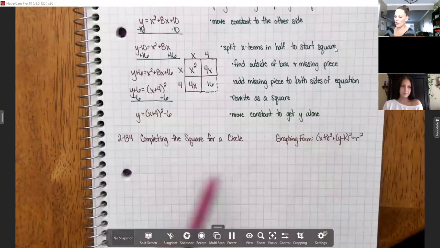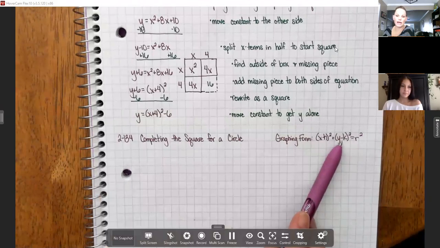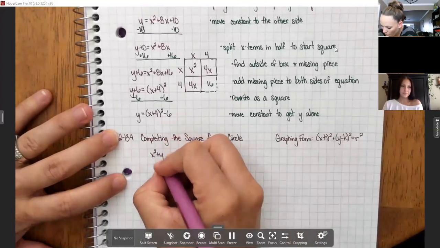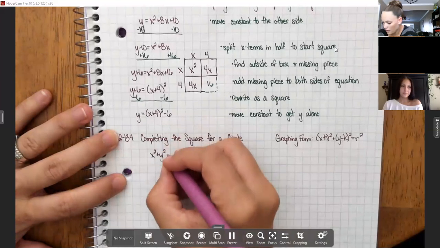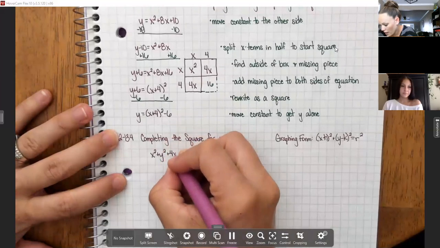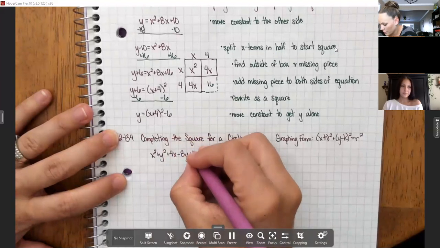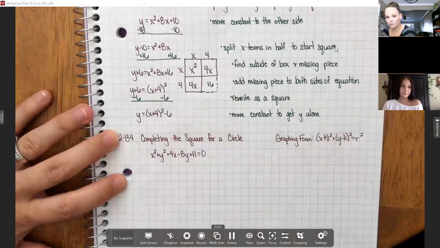So that's going to be our goal on this problem, is to get it to look like this. So the original equation we have here is x squared plus y squared plus 4x minus 8y plus 11 equals 0.